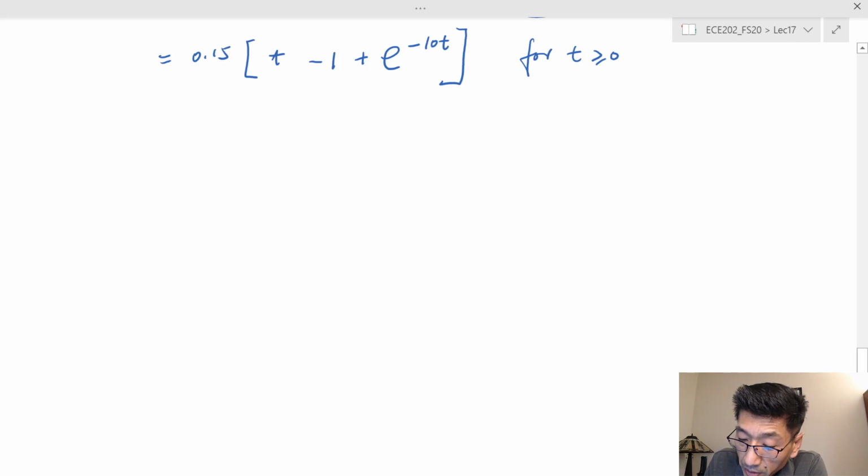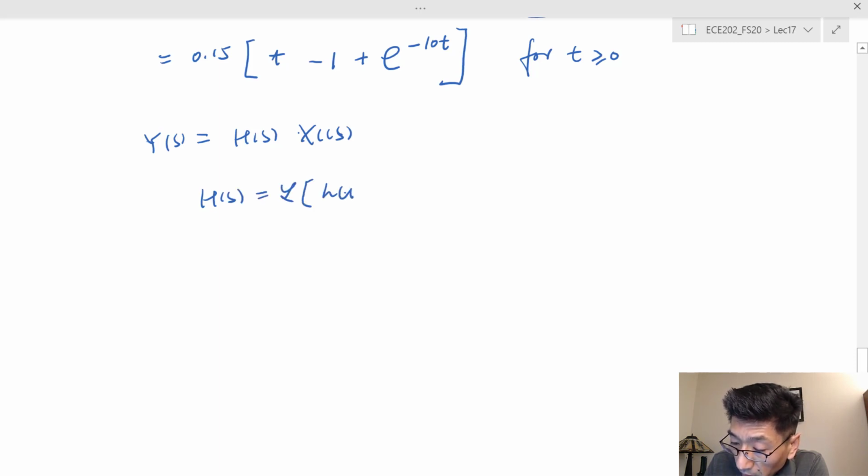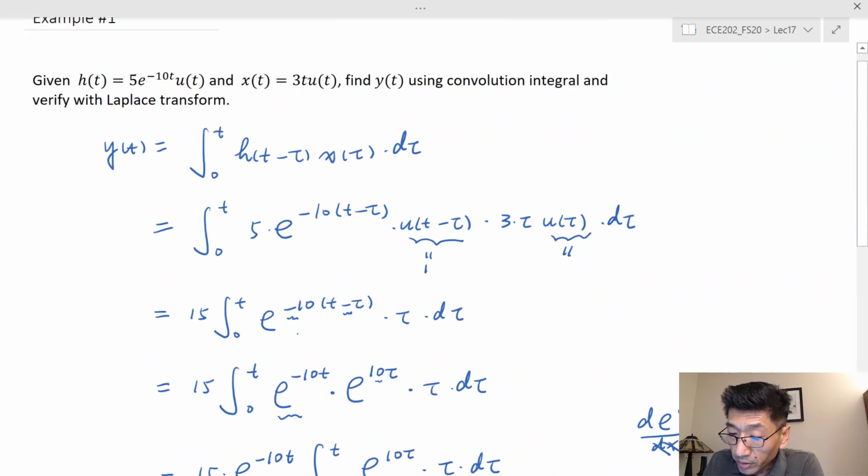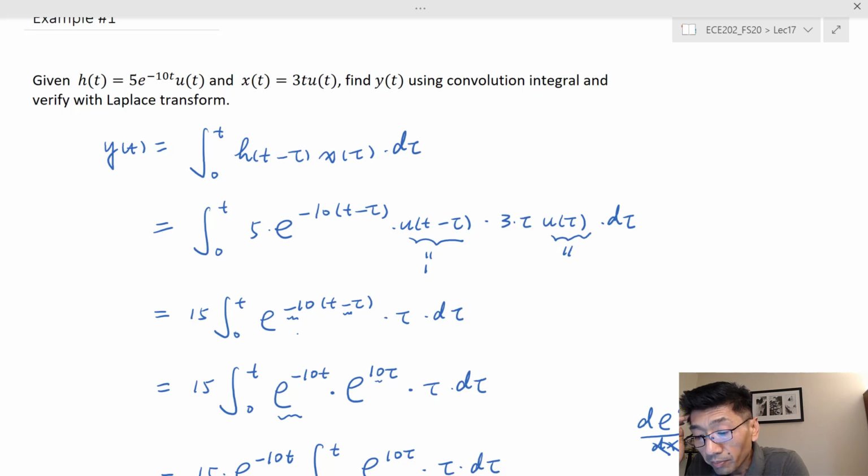In that case, Y(s) is going to be equal to H(s) times X(s). And H(s) is equal to the Laplace transform of h(t). If you look at h(t) here, it's just 5 times e^(-10t) u(t).